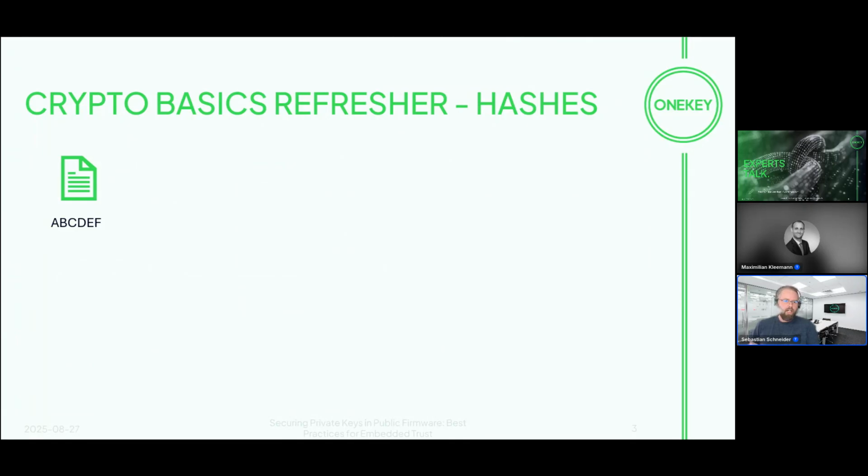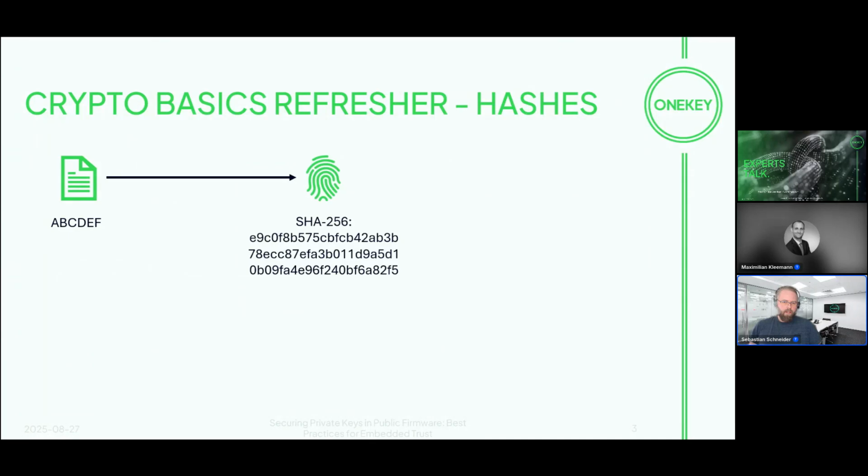So we start with a file here, and when we calculate a hash value, this hash is unique to this file. You could say it is like a fingerprint of the file. And if you now copy the file over to another system or send it via email, and the file content is identical, the hash value will not change, and the file can be recognized by this hash value.